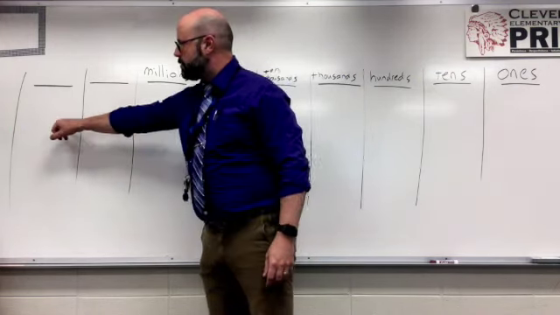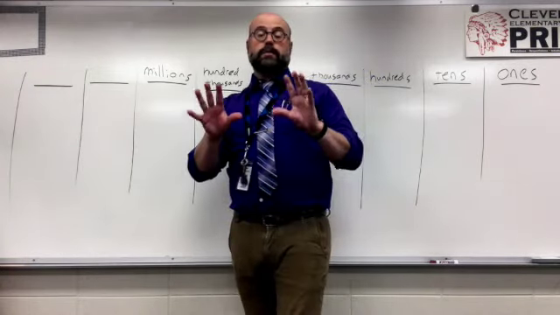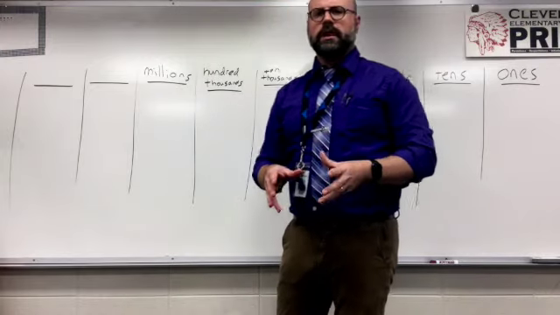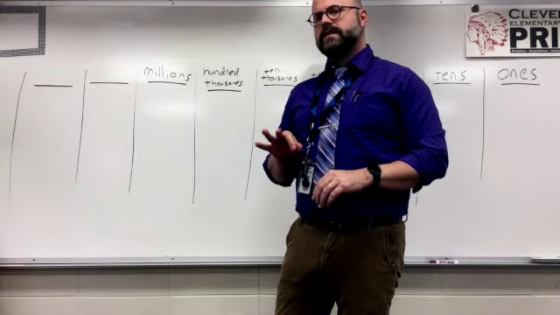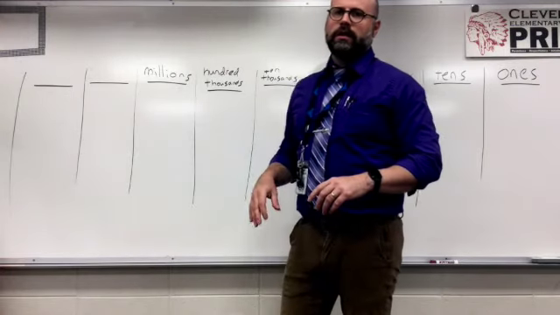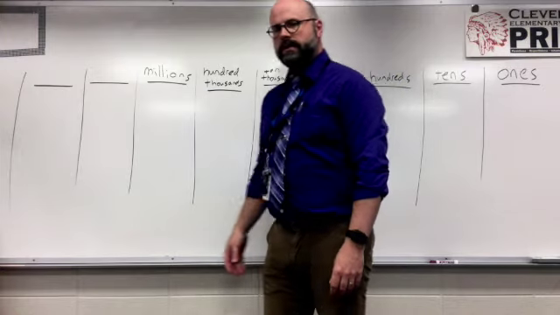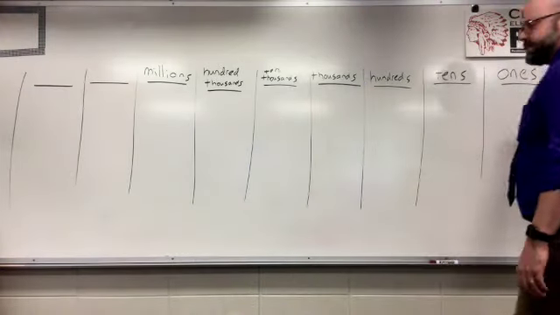I've left these next two blank. I want you to stop, maybe pause the video, and think about what these next two spots on the place value chart are. How do I label them? Remember, look at the pattern. We start at the very end here.